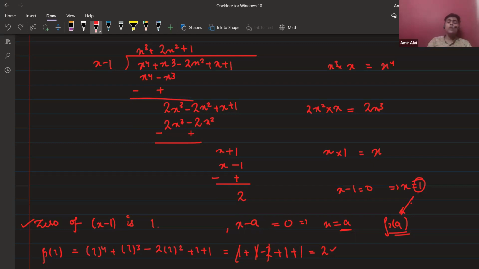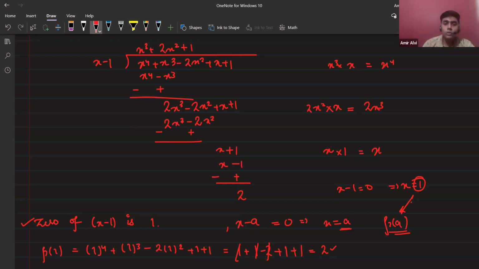So I'm giving you one more question. You have to do it with both methods. First is the long division method, and second is the remainder theorem method. If you have done the long division method correctly, you can find the remainder theorem answer as well, because the main method is long division.